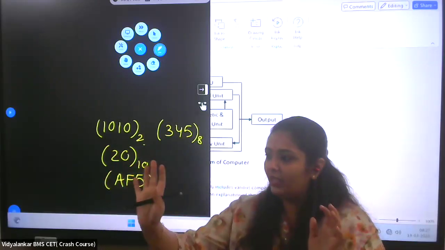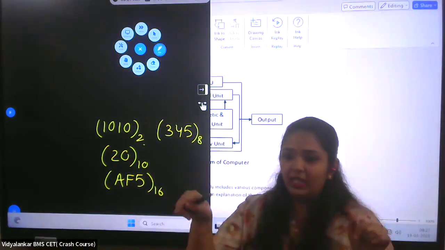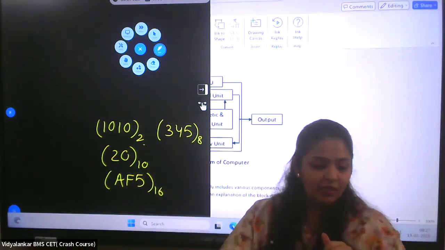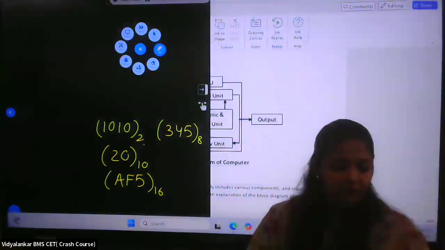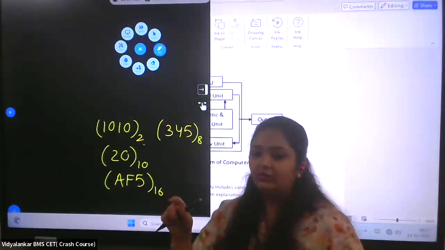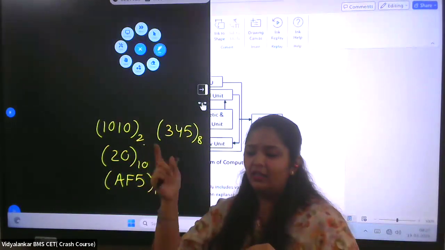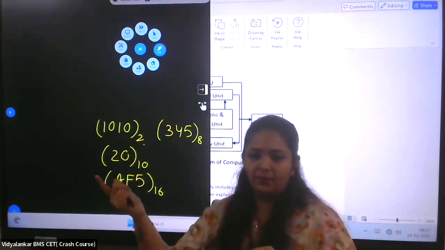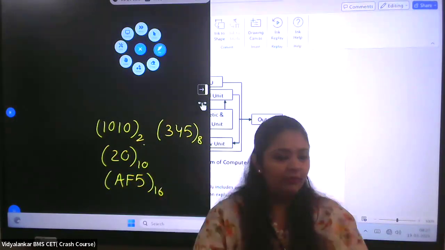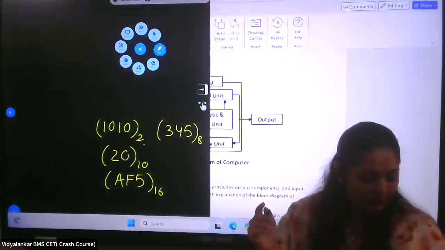So you can make a table with 3 columns. Online, even you can make that table.